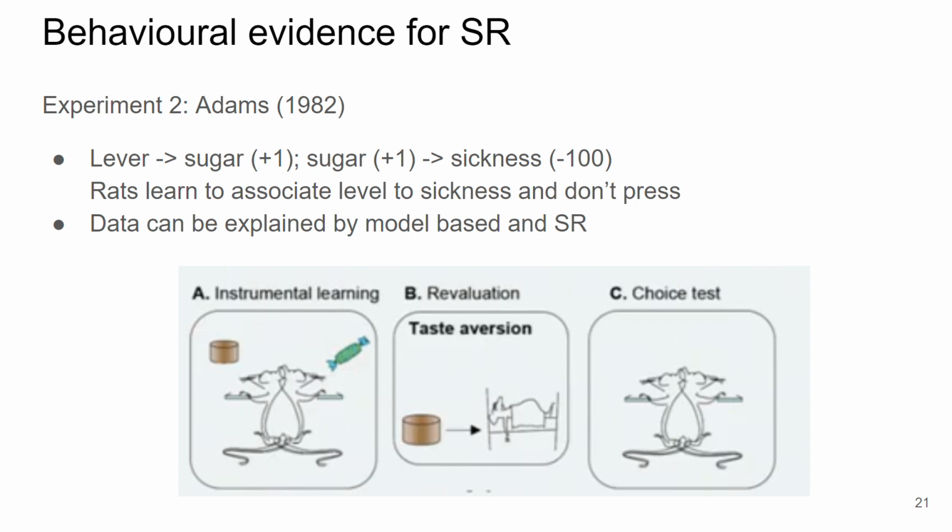Yeah. So again, this data can be explained by model-based and successor representation. So I think this successor representation in the brain is a very recent idea. People used all these experiments previously saying it's model-based, but it turns out SR can also explain all the data that we observe.